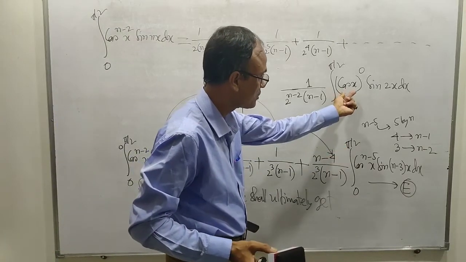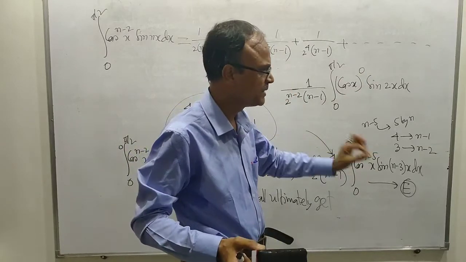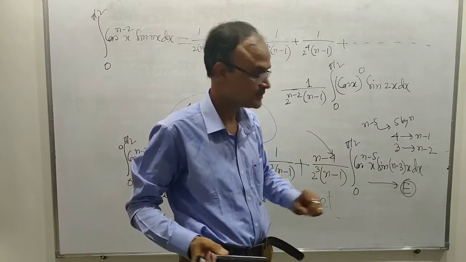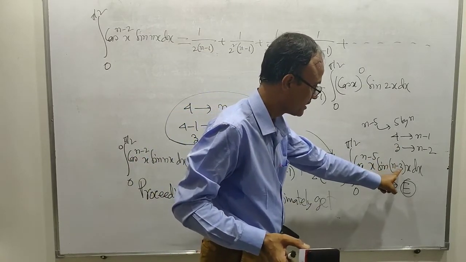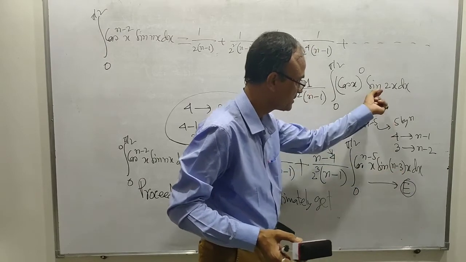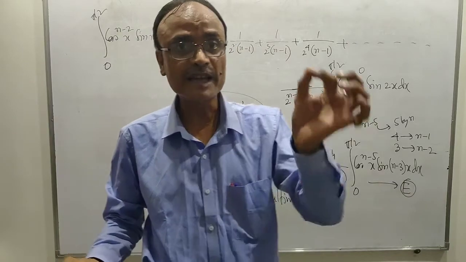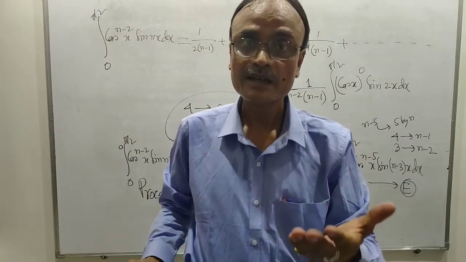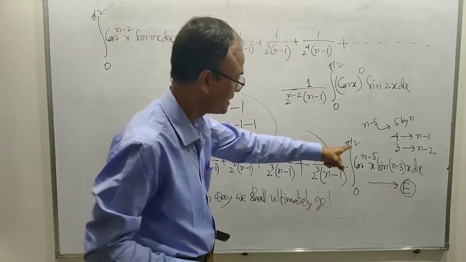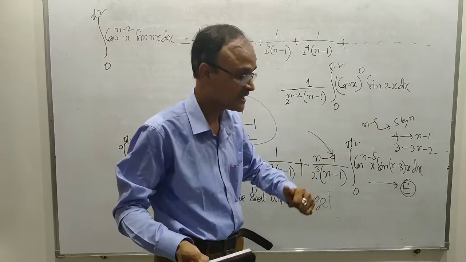To get cos x whole to the power 0, what have we done? We have simply replaced 5 by n. If you replace this 5 by n, you will get the same result.